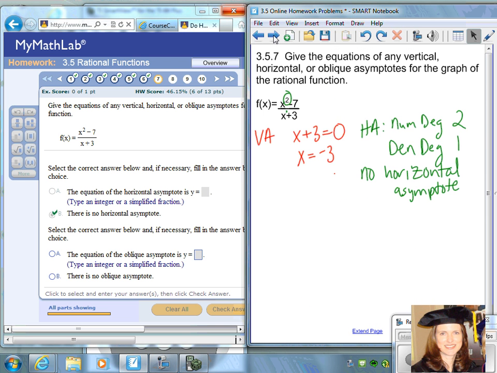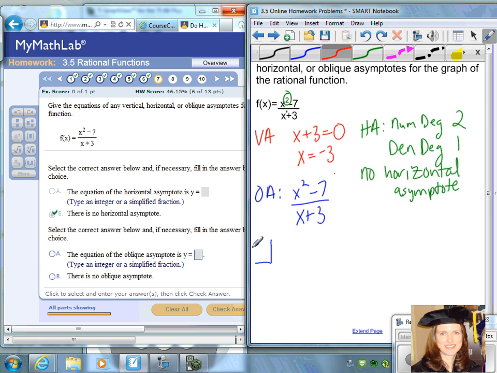To find the oblique asymptote, you want to use synthetic division. You're going to take x squared minus 7 and divide it by x plus 3. Remember, in synthetic division, if you're dividing by an x plus 3, then you're going to put a negative 3 in the box.